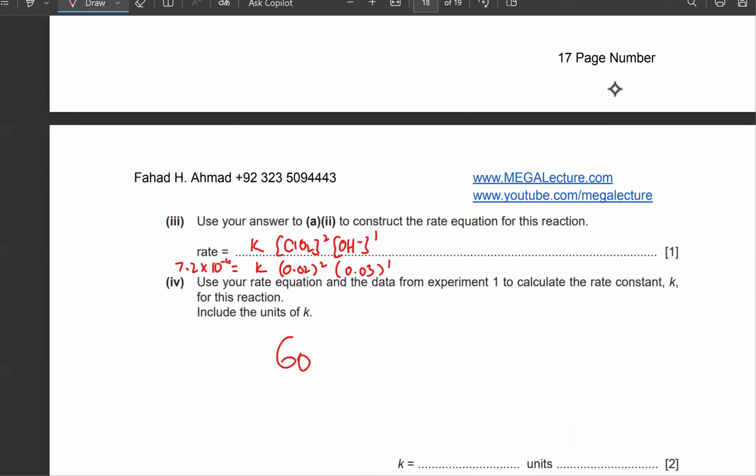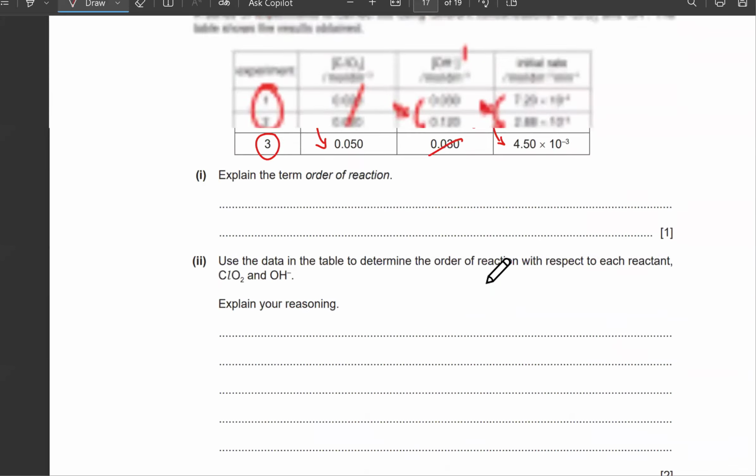Now you have to find the unit as well. So K is the rate divided by ClO2 concentration squared and OH minus concentration power 1. What is the unit of rate that he's using?